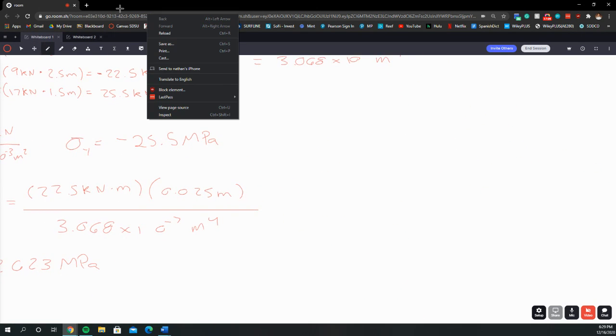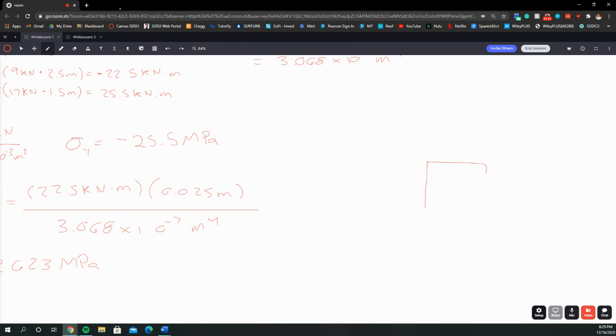Let me draw a picture. This is H right here. This is the y-axis. Since the moment would be going like this, there is no normal stress created.